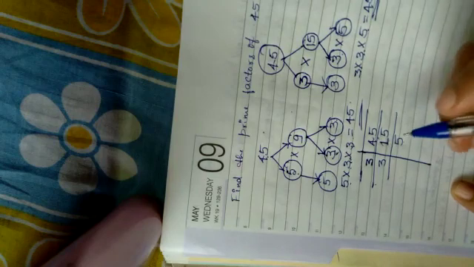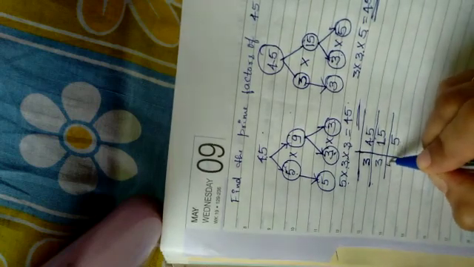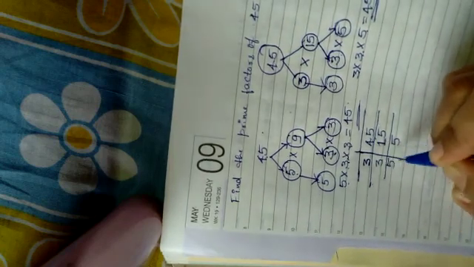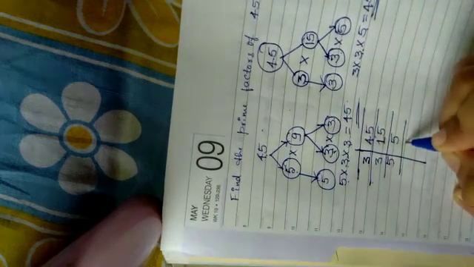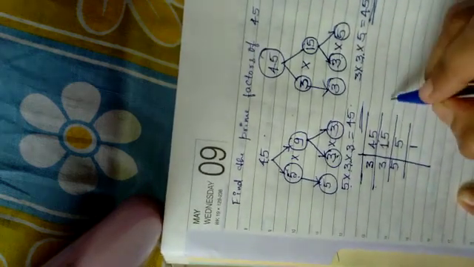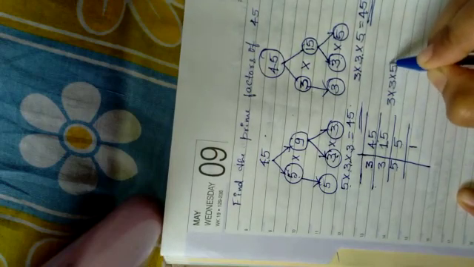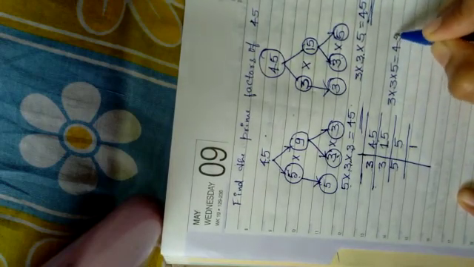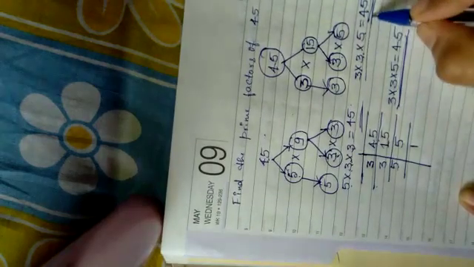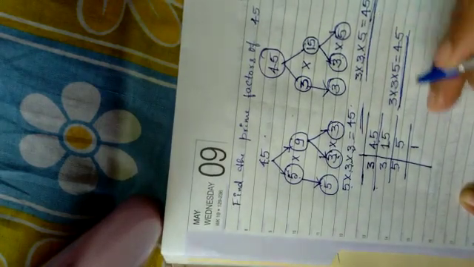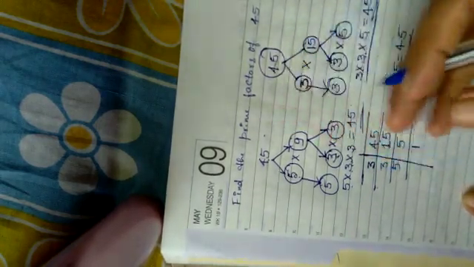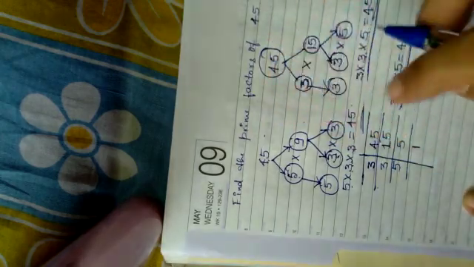Next 5 is a prime number, so it is divisible by 5 only, isn't it? 5 how much are 5? 5 ones are 5. Now I'll write like this: 3 into 3 into 5 is equal to 45. You'll get the same numbers, isn't it? You can solve these problems using any method.